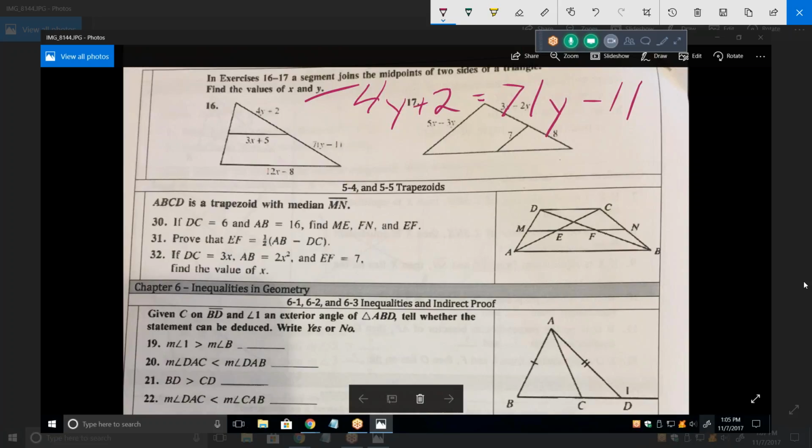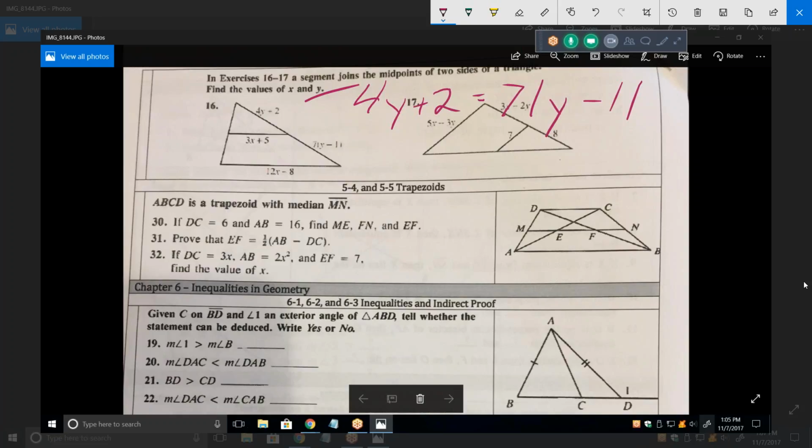Four y plus, well, so actually 13 equals. When you see an equation like this, what should be going through your mind is I'm going to put all the variables on one side and I'm going to put all the numbers on the other. So the first question is, which side are we going to put the variables on? The left.